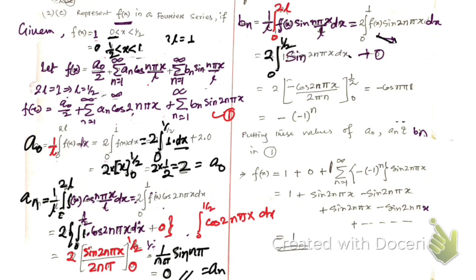integrating sine twice n pi x dx, we're going to have minus cos twice n pi x by twice n pi, right? Here I have written this one, so hope you can understand this.